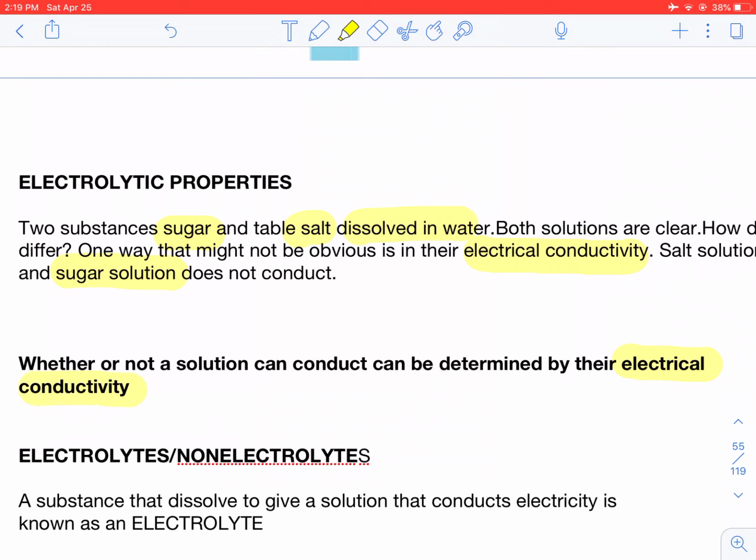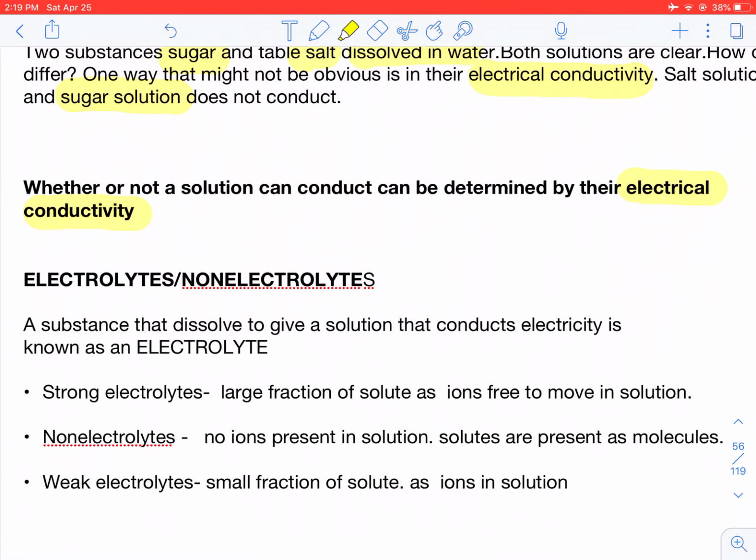So when we're dealing with electrolytes, we say a substance that dissolves in solution and conducts electricity is called an electrolyte. If sodium chloride dissolved in water can conduct electricity, then we say sodium chloride is an electrolyte. Some substances can conduct electricity in solution and others cannot.